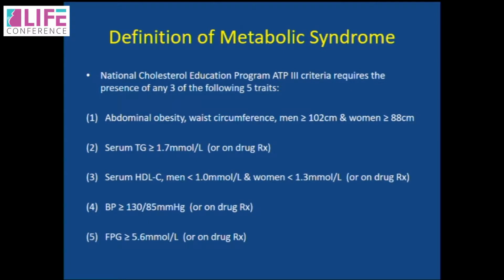Fourthly is a blood pressure reading of more than 130 over 85 millimeters of mercury, or somebody who is already on drug treatment for this. And last but not least, anybody who has a fasting plasma glucose of more than 5.6 millimoles per liter, or who already has diabetes and is on treatment for this. So this is the most common definition that we use.